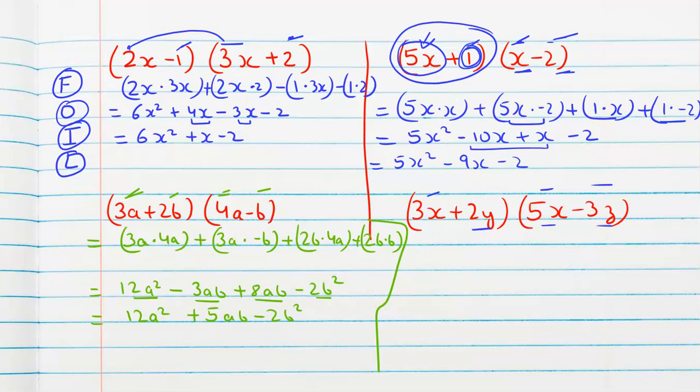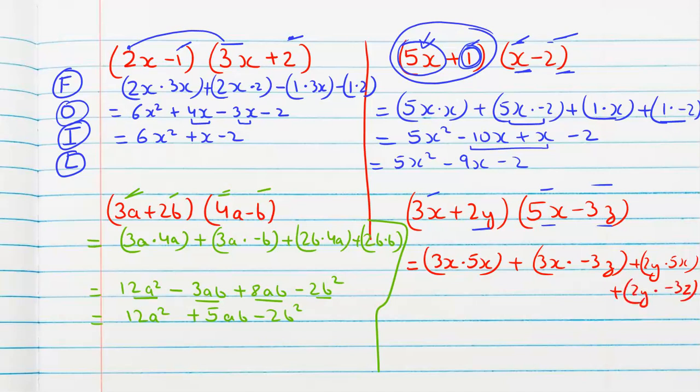Okay, so I hope you tried question number 4. So we have 3x times 5x, then we have plus 3x times minus 3z, and the last ones plus 2y times 5x and plus 2y times negative 3z.